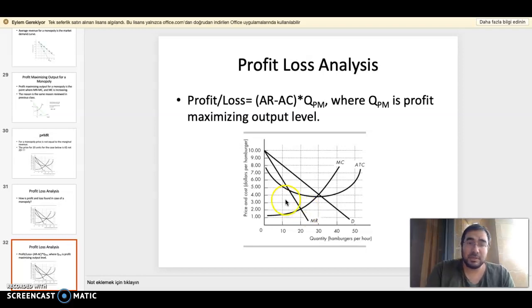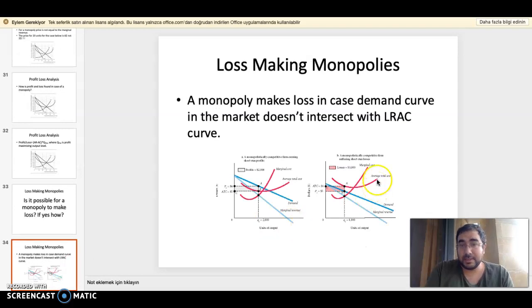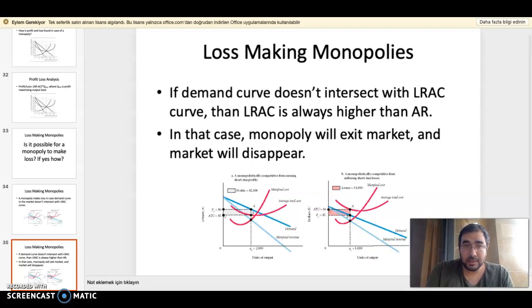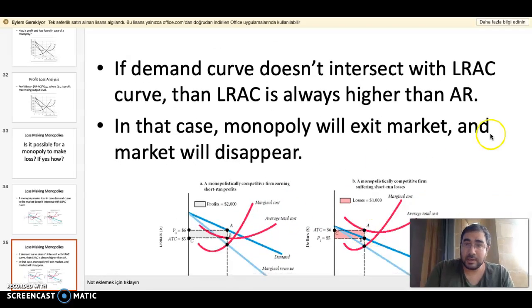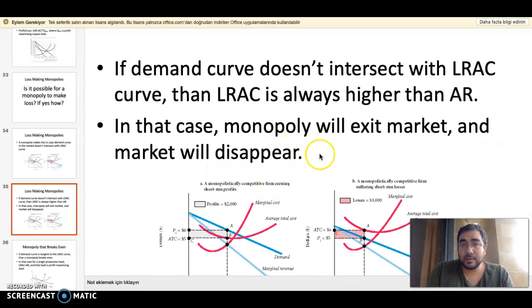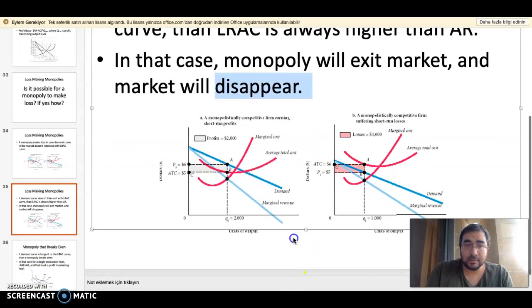This is pretty much similar, and here you can see again this rectangle here represents the profit, which you can see here, for example. Also, let me make it larger. Okay, and let me go a little bit down.